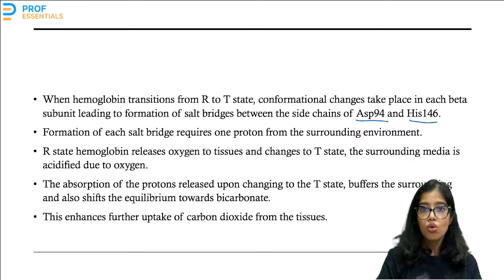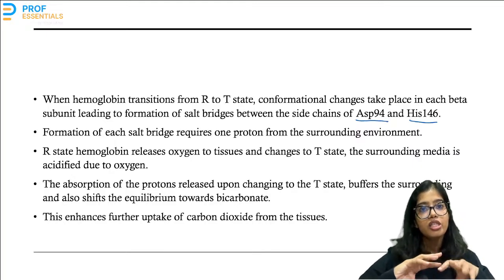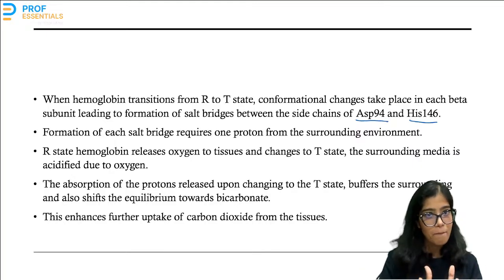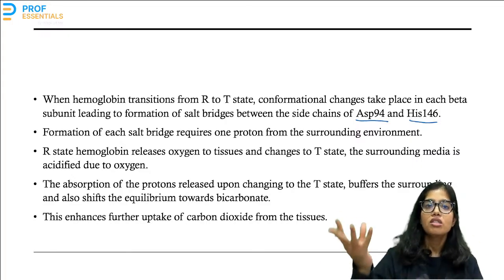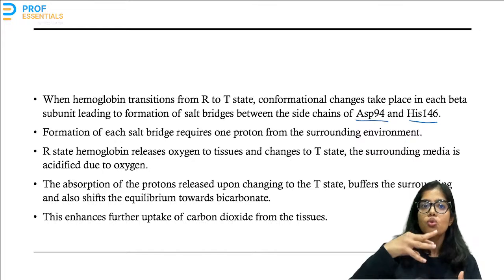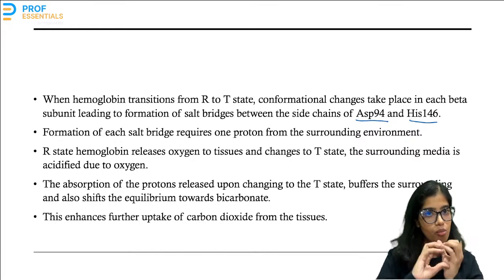So what happens is when the hemoglobin will transition from R to the T state, the salt bridges need to be formed again. Once the oxygen gets attached to R state, there is a conformational change and salt bridges are broken.